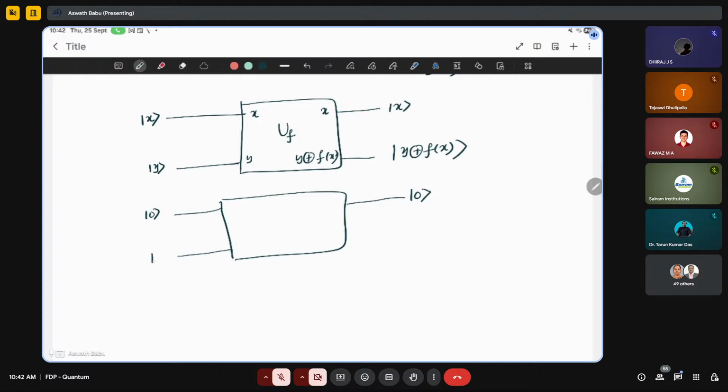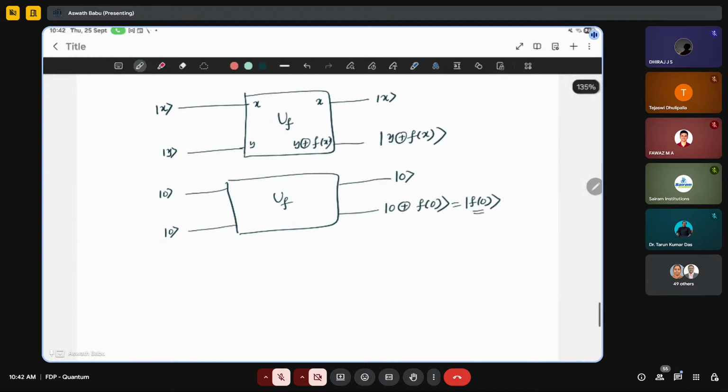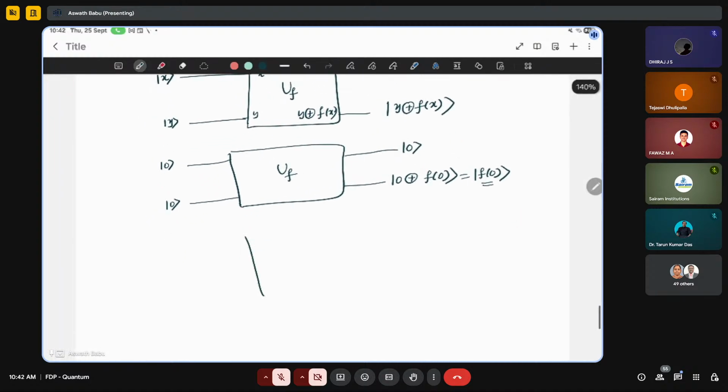Okay, what will I get? 0 plus f of 0, which is just simply f of 0, because if you add 0 to anything, I'll get anything only. So now from somewhere I got the function value f of 0. Beautiful, right?